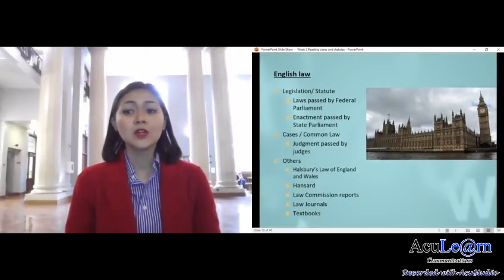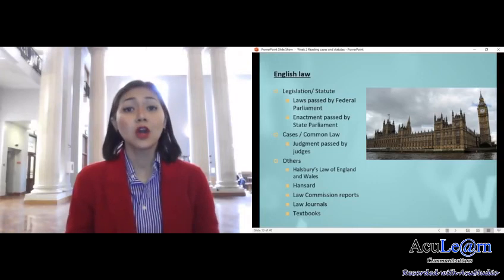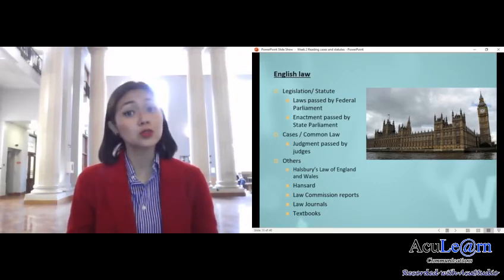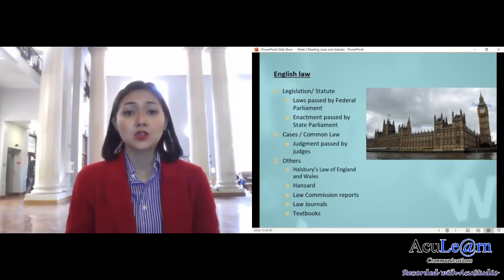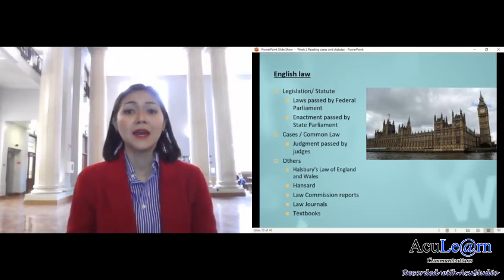When we look into English law itself, what are the sources of law that lawyers can refer to? It includes legislation, also known as statutes. Legislation is the laws passed by federal parliament. Enactment would be laws or regulations passed by the state parliament, and parties can also refer to cases, also known as common law.